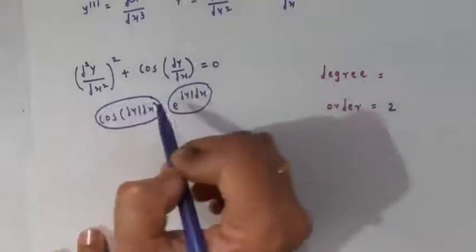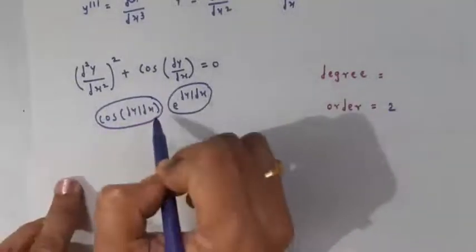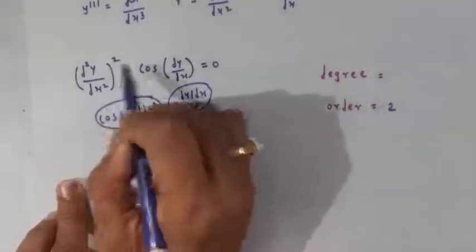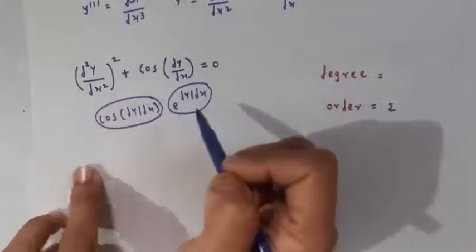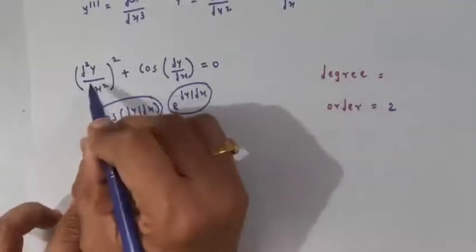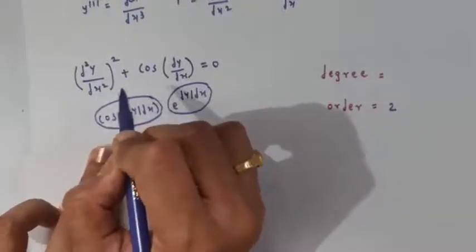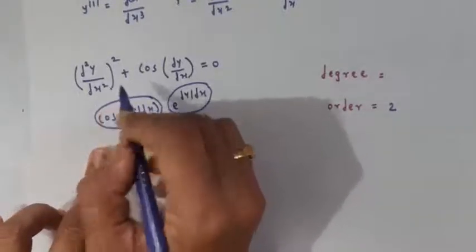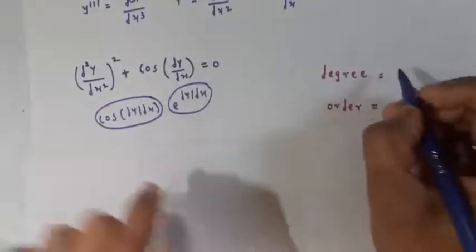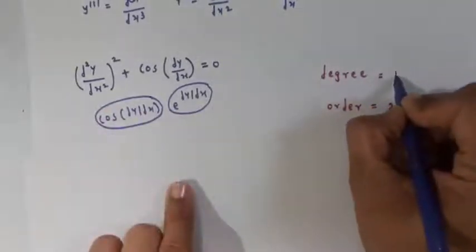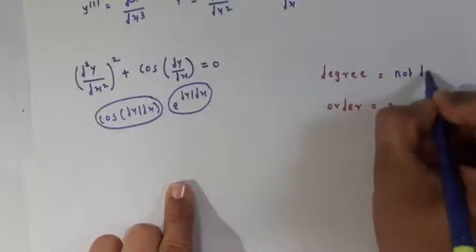Therefore here we can't define the degree of the differential equation. So here the order is 2 but the degree is not defined.